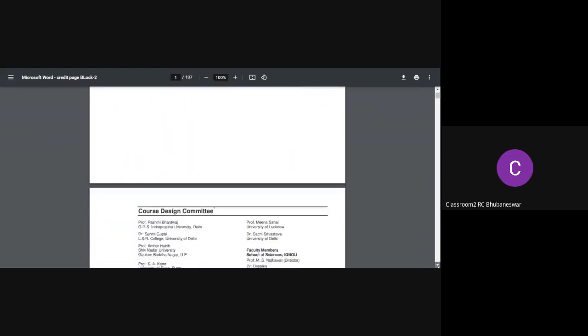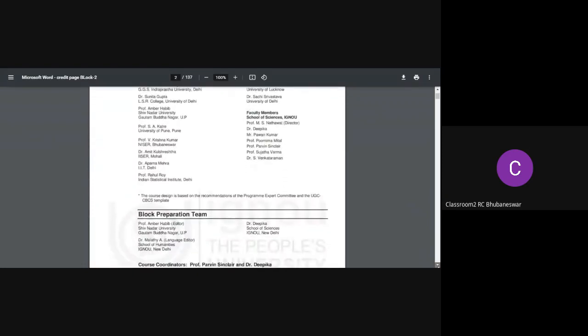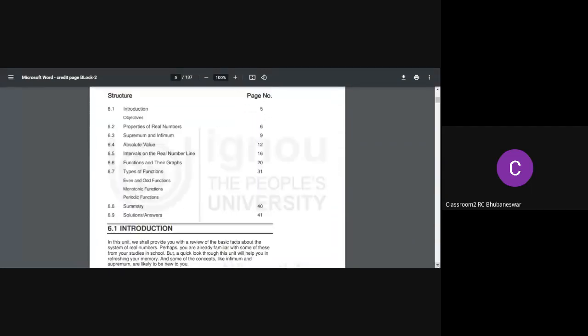So now we are going to discuss at the beginning all about the real numbers. As we know, the set of real numbers R is the largest set containing all other sets like the set of natural numbers, set of integers, set of rational numbers, set of irrational numbers, and all the basic operations like addition, multiplication, division, and subtraction are well known to us, which are operated using the real numbers.